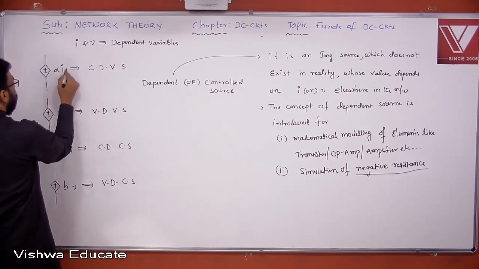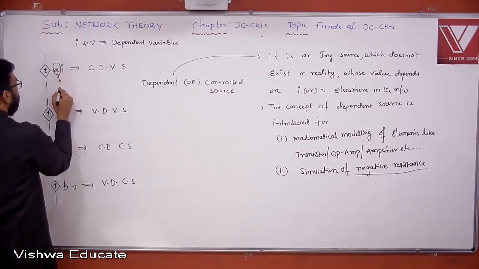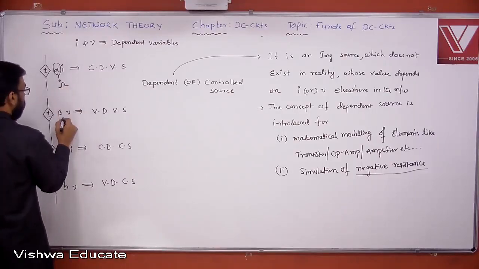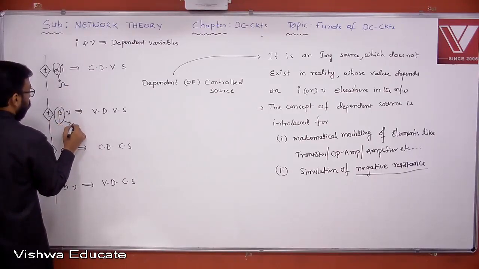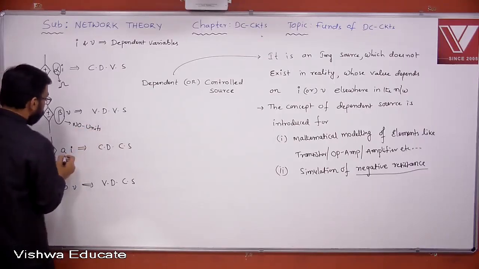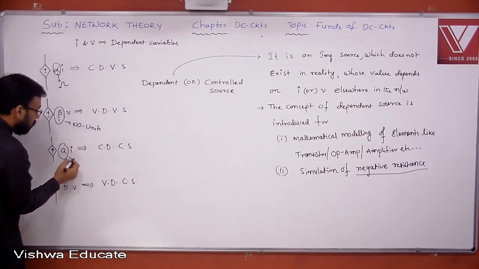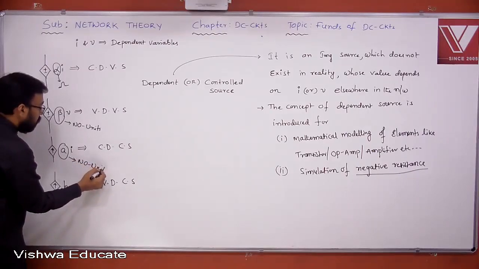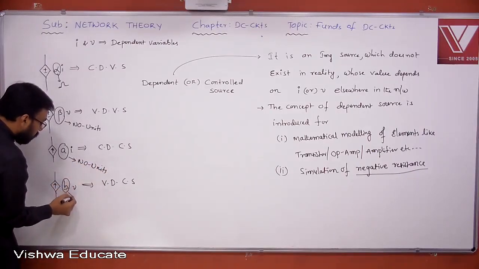Since it is a voltage, the total units must be volts, but already amps is there. Therefore, what are the units for this? Ohms. And what are the units for this? No units. What are the units for this? No units. What about this?